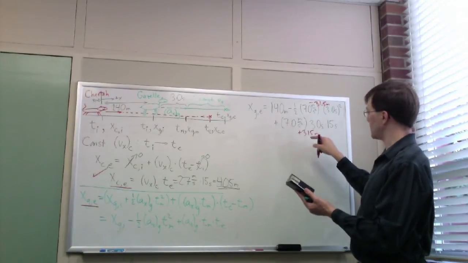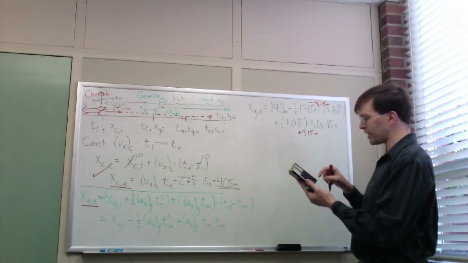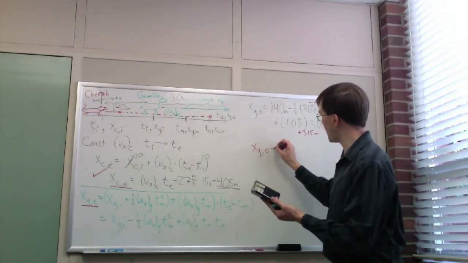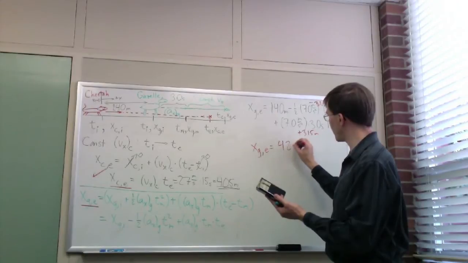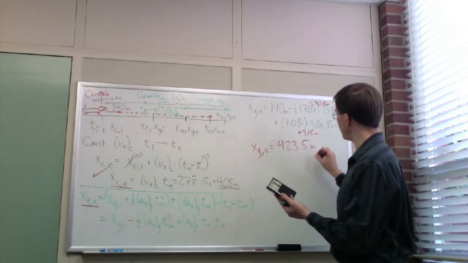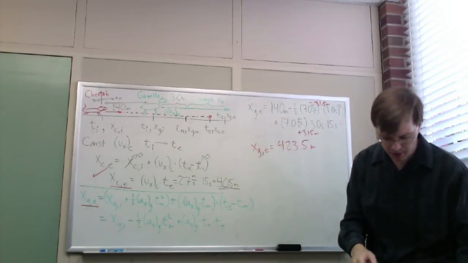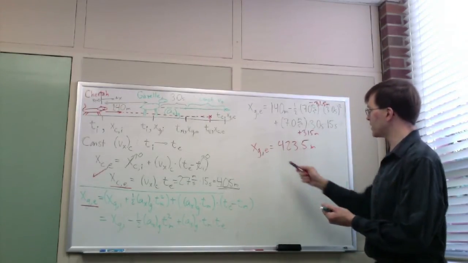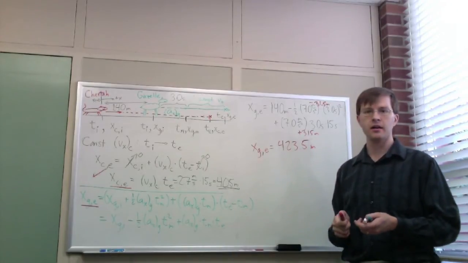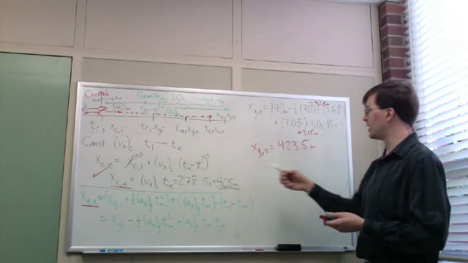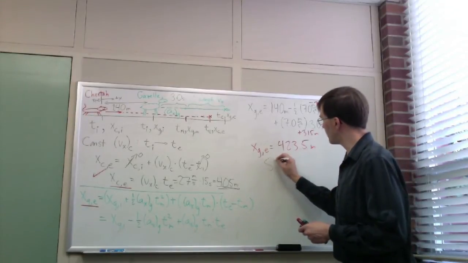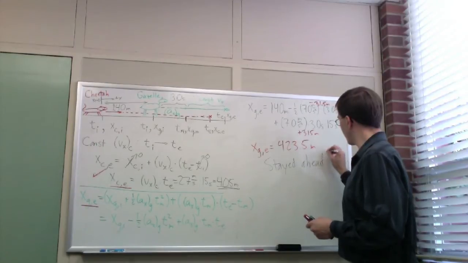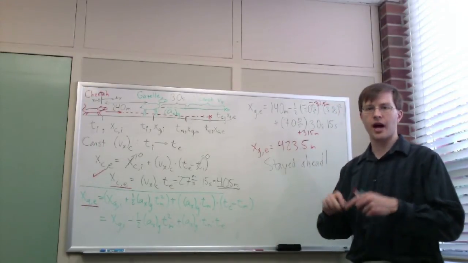When I add that all together, I get x gazelle escape time equals 423.5 meters. So where are we? Well, hey, the gazelle stayed ahead of the cheetah. It never fell behind where the cheetah was going to be for the time the cheetah could run.